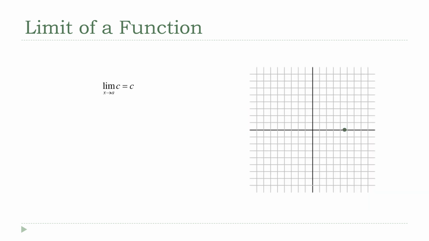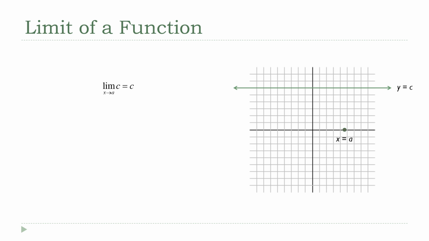All right, so let's take a look at this one. And let's go back to thinking about this geometrically. The limit of c as x approaches a, where c is a constant. Right? c is just a number. Okay, well, let's graph this. The graph of y equals c is a horizontal line. Right? And let's say x equals a is down here somewhere on the x-axis.